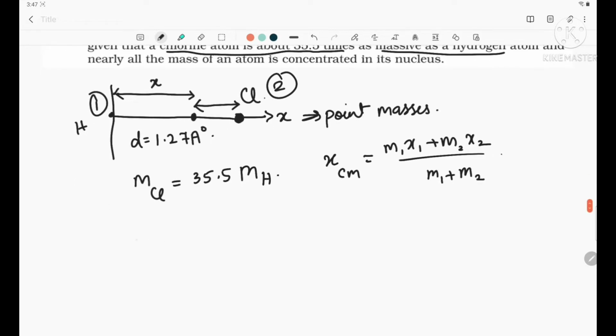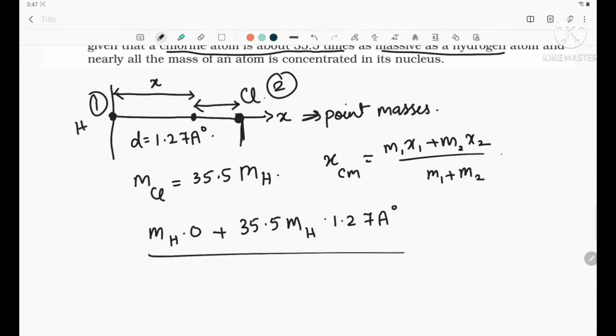So to substitute, mass of hydrogen mH into x1. What is x1? x1 is at the origin, so it is equal to 0, plus mCl. mCl is 35.5 times hydrogen's mass, so we will write 35.5 mH into x2. Where is x2? x2 is at this point, so that is equal to 1.27 angstrom, divided by m1 plus m2.